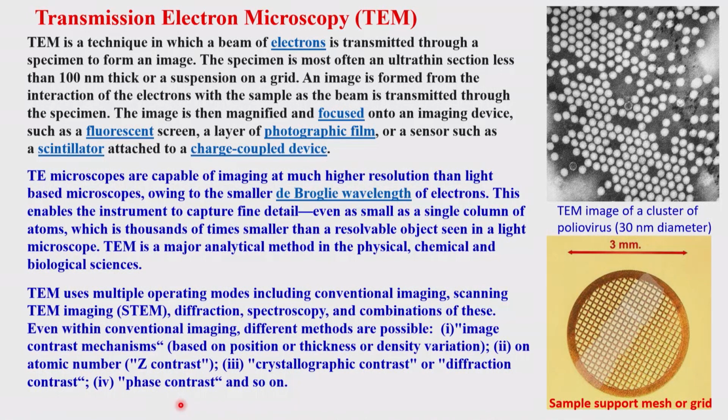So it depends on the beam and how the specimen is oriented, how the specimen crystallites are oriented with respect to that, just like we have seen in the case of powder XRD. And this is just a mesh on which you make a very ultra thin layer, as thin as 100 nanometers or even thinner, but with greater thickness you will not get the diffraction. You will not get the TEM picture.